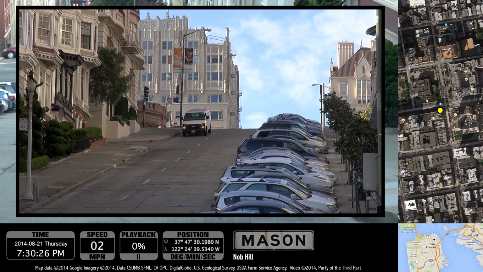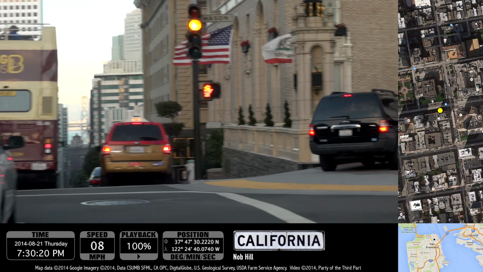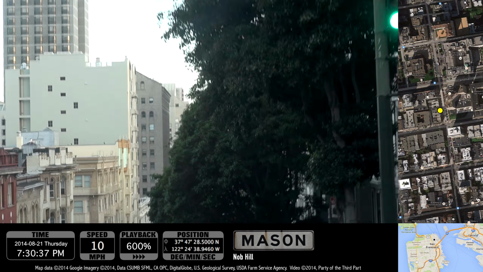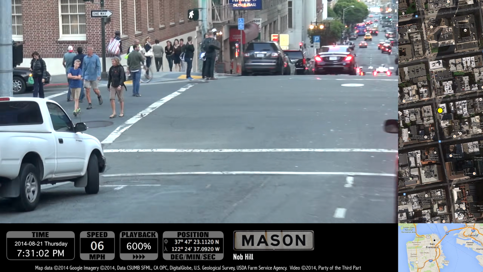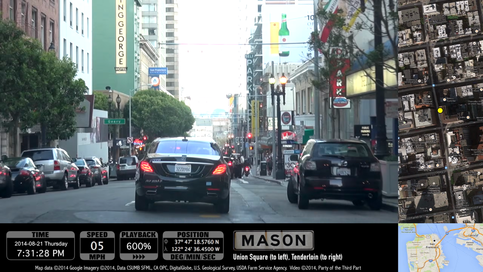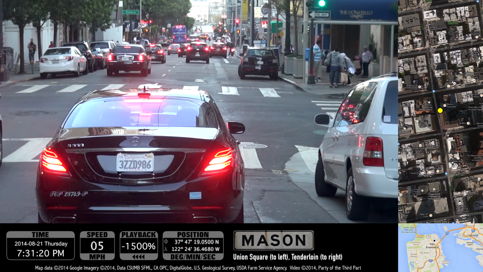Gonna have a little fun here and go down the hill really fast. Okay, now that we've had our fun, let's back up and go down at a more reasonable speed.